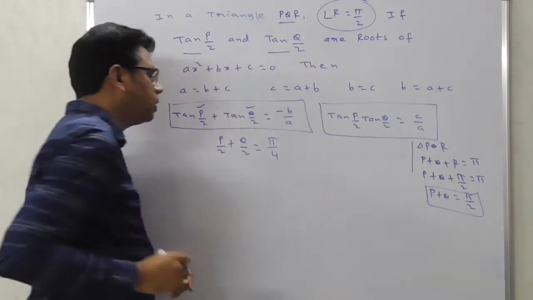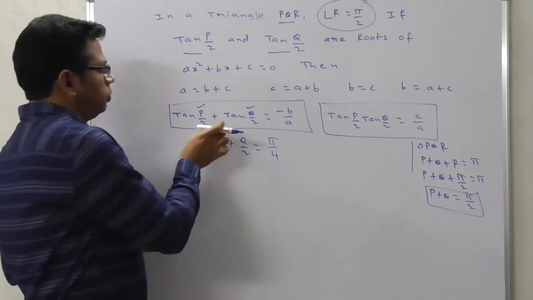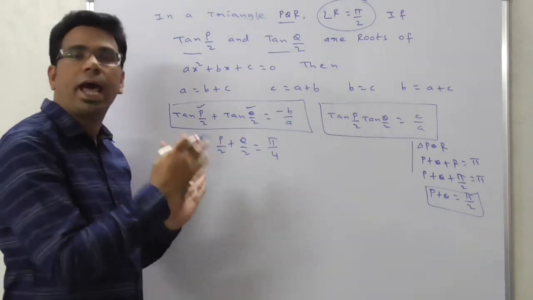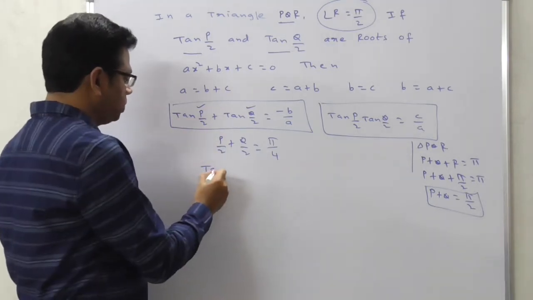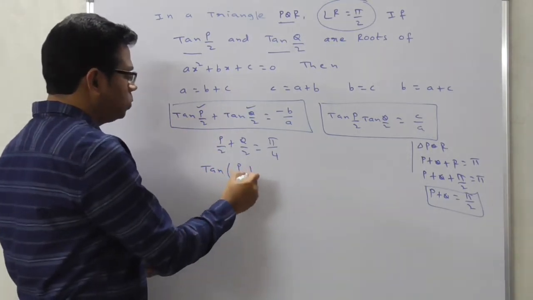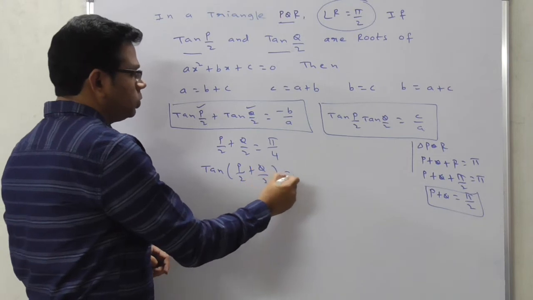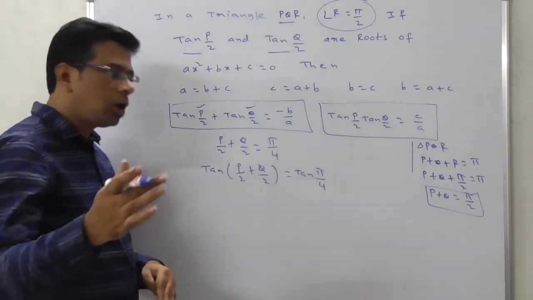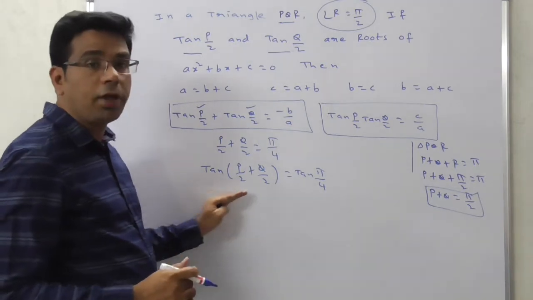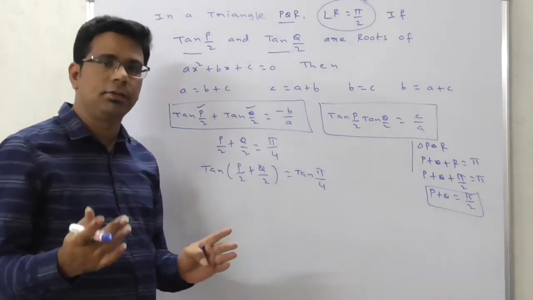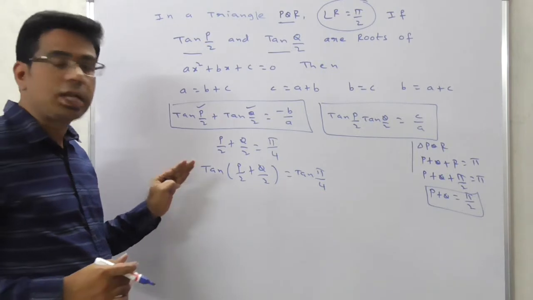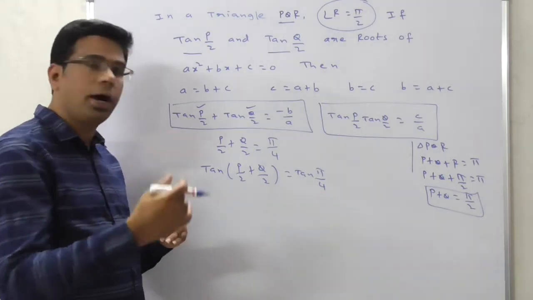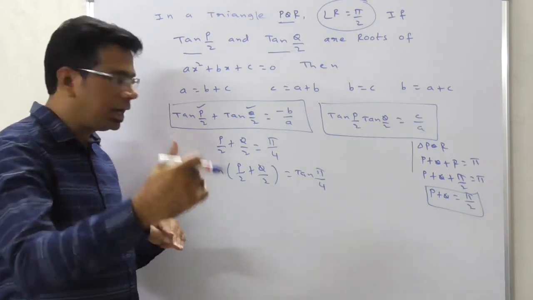Now here we have the results in terms of tan. Now we have to use these two results here. So for this, apply tan on both sides. What is the next step? This is tan(P/2 + Q/2) = tan(pi/4). Right? You all know the formula of tan(a + b). Standard result in tan: tan(a + b) = (tan a + tan b)/(1 - tan a tan b).